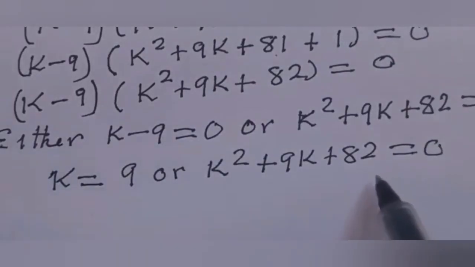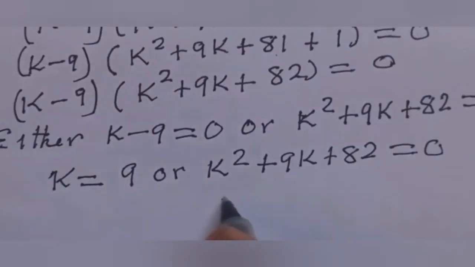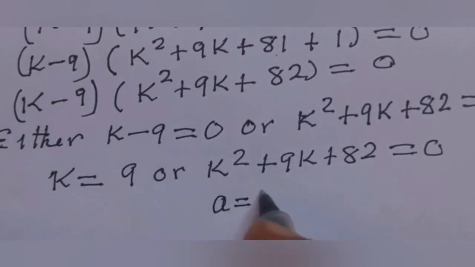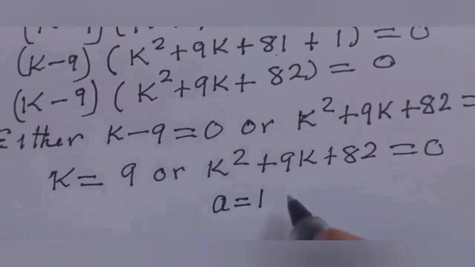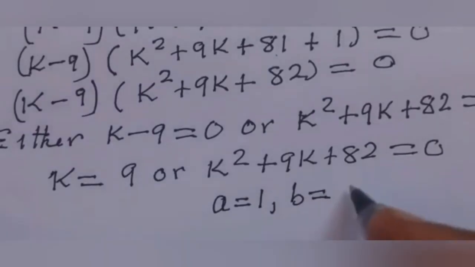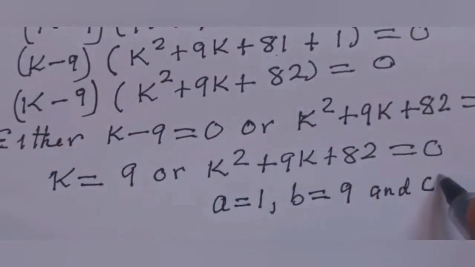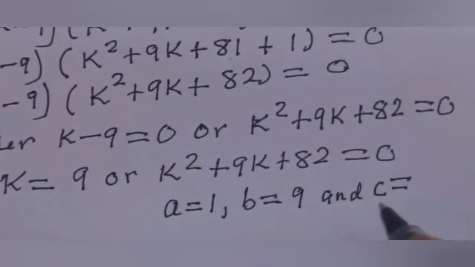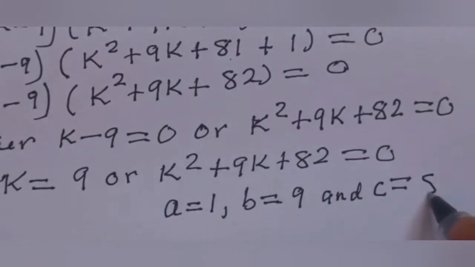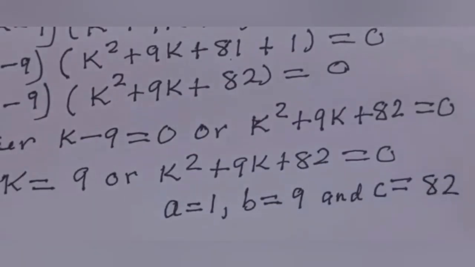This is a quadratic equation. We know a equals to 1, that is the value of a, b equals to 9, and c equals to 82.